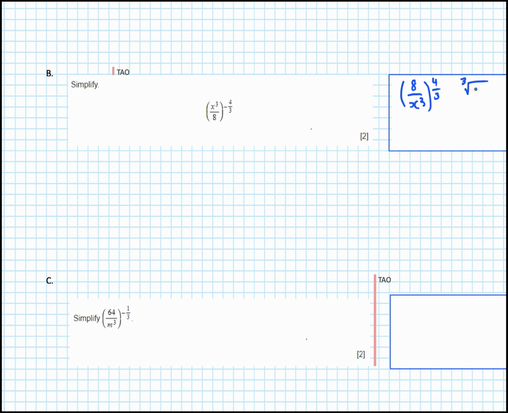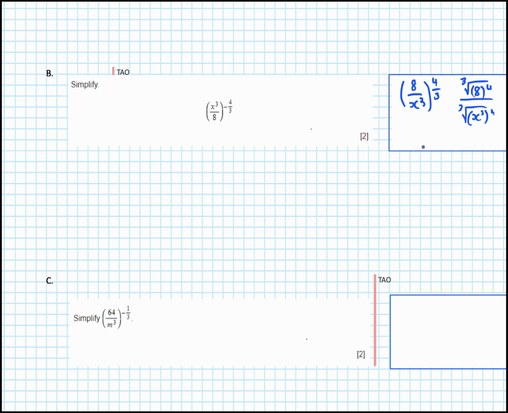Root, so cube root, a to the power of 4. And the same with the denominator, x to the power of 3. Put little brackets. Let's make it easier to look at. And from there, students have different ways of doing this.